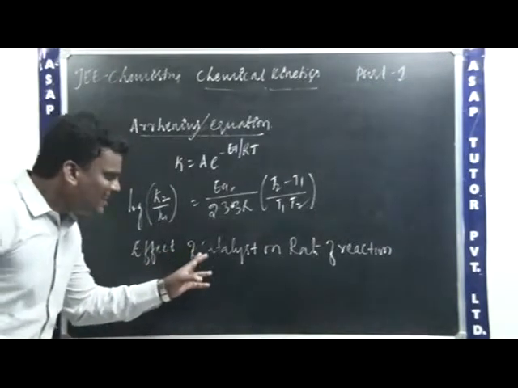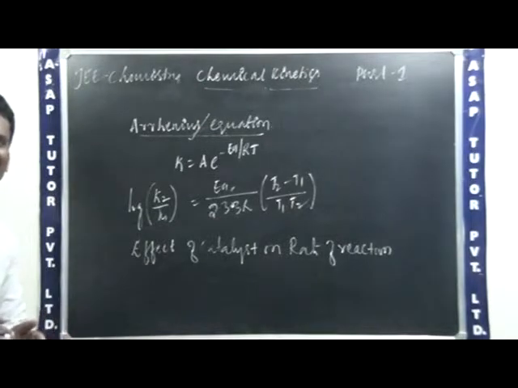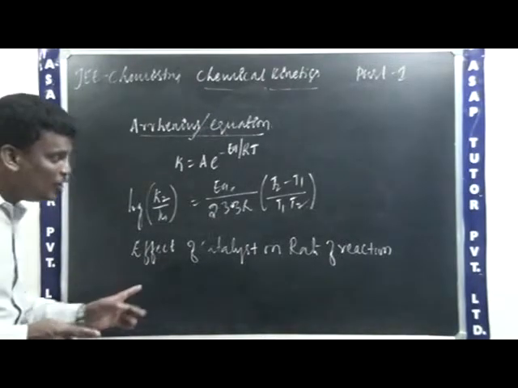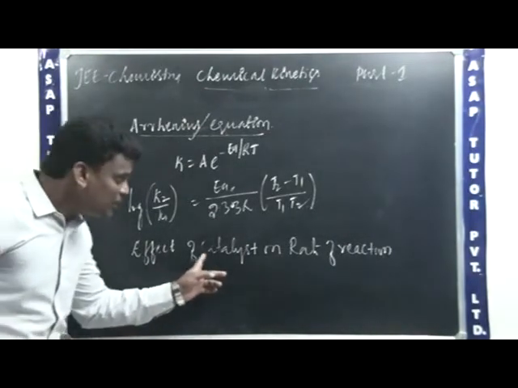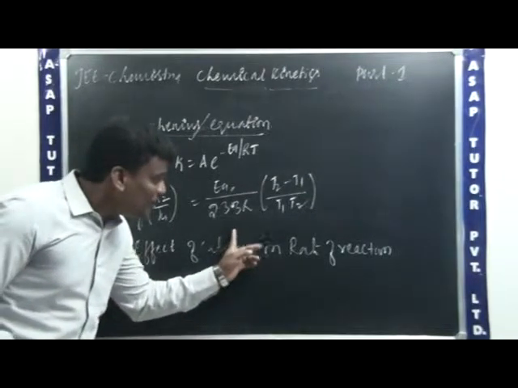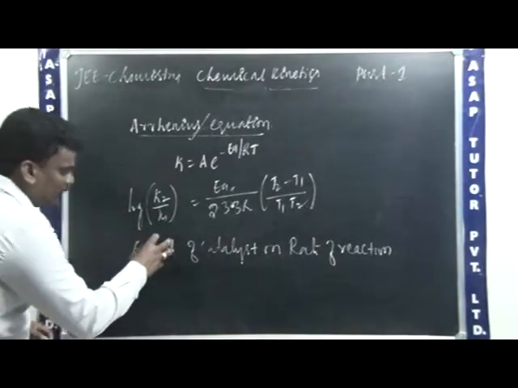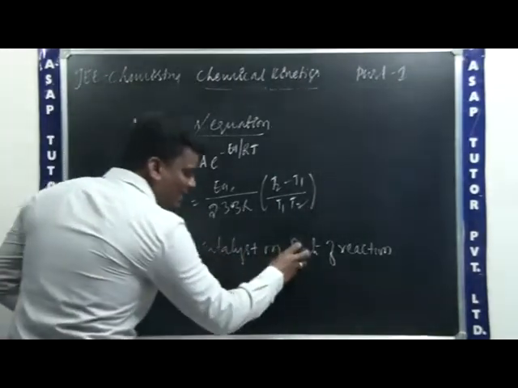If we use a catalyst, how does the rate of reaction increase or decrease? There is no doubt of decreasing, because I am using the word catalyst. If we use a catalyst, it only increases the rate of reaction. Therefore, here is the effect of catalyst on rate of reaction.